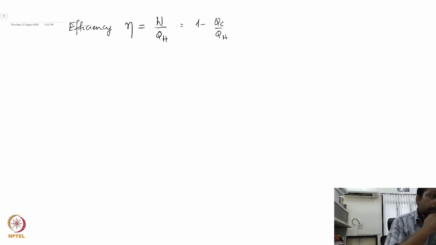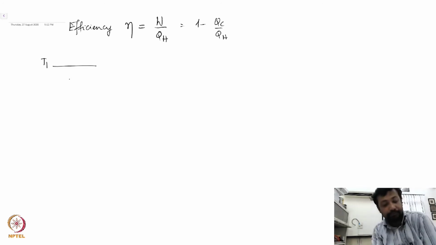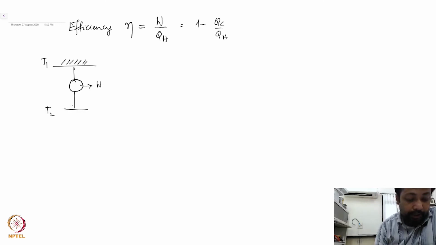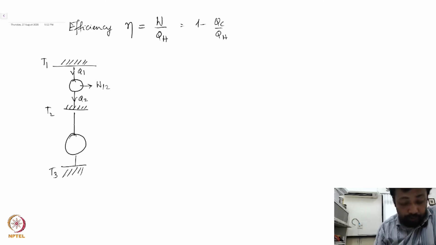Now, for this case, we will consider two Carnot engines, one operating at T1, the second one at T2, and yet a third one at T3. So it takes an amount of heat Q1, dumps it to Q2, and does an amount of work W12.